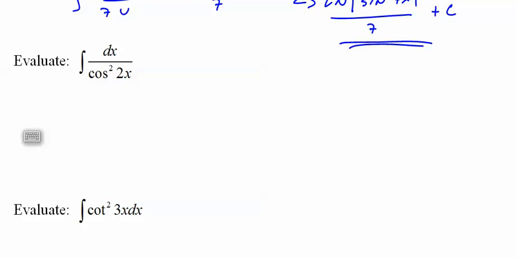Neat one here. Cosine squared of 2x. Did not know what to do on this. Realized after a minute or two, hey, that's just secant squared 2x dx. So this makes it a lot easier.